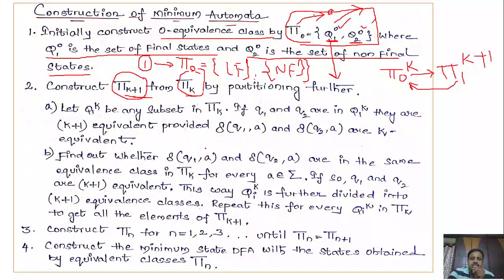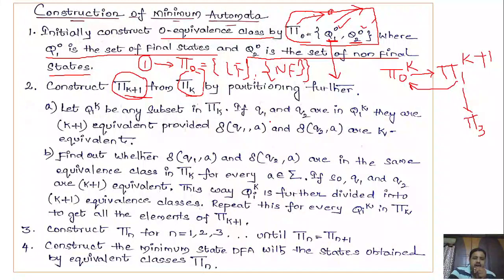This is how we generate the newer partition set from the existing one. From pi naught we generate pi 1, from pi 1 we generate pi 2, from pi 2 we generate pi 3, and so on. This process continues until the previous pi value and the newly generated pi value are equal. This is how the algorithm works.